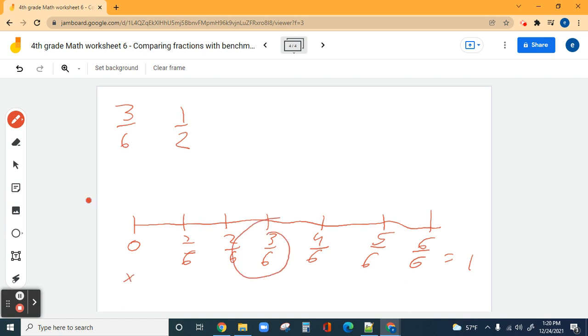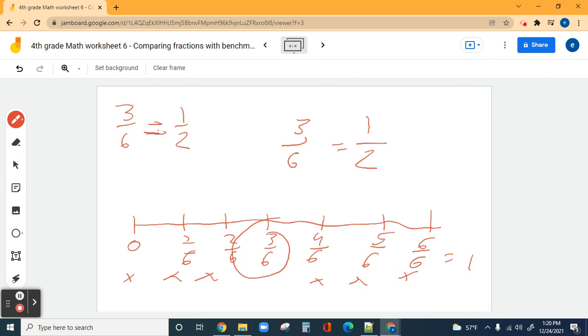If you do the X technique, 3 by 6 is our 1 by 2. If we check, 3 divided by 3 equals 1 and 6 divided by 3 equals 2, so 3 by 6 is 1 by 2. So 3 by 6 and 1 by 2 are equal.